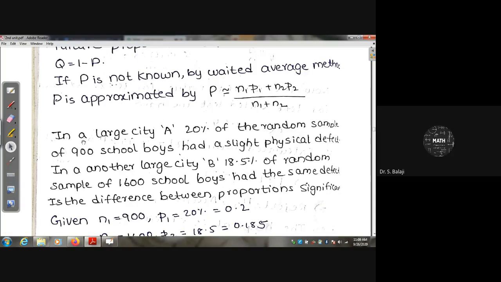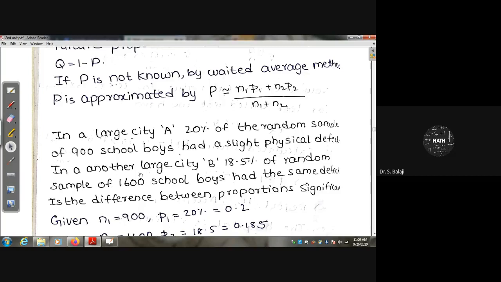Right. Therefore, we have two cities, A and B. In city A, the sample size N1 is equal to 900, and the sample success rate of the physical defect, P1, is 20%.